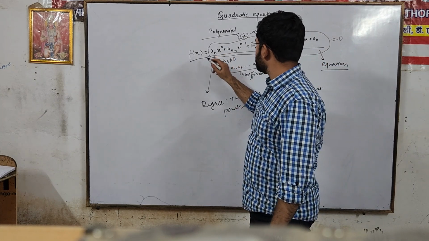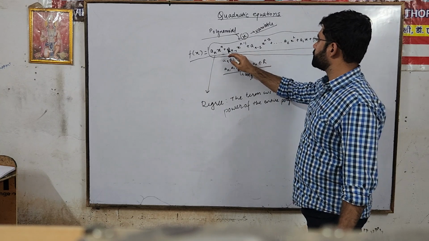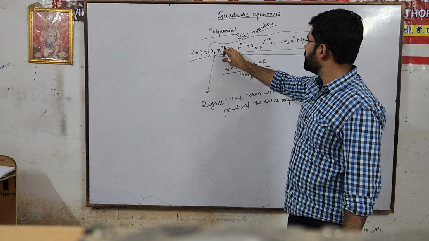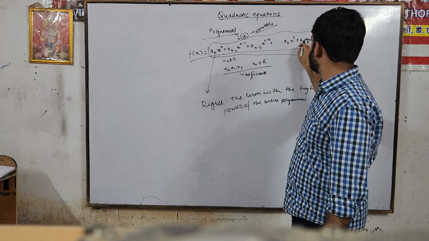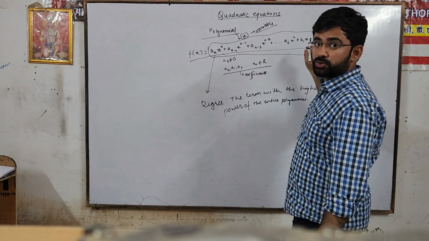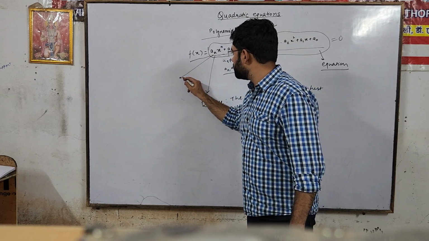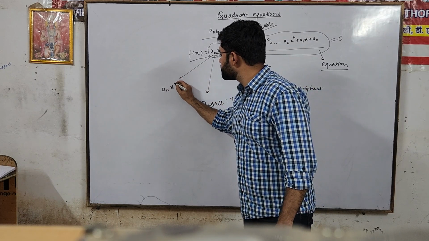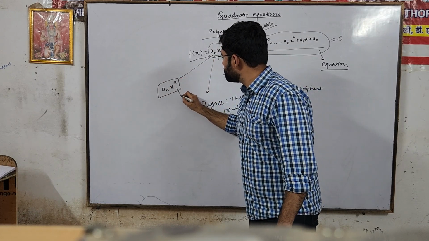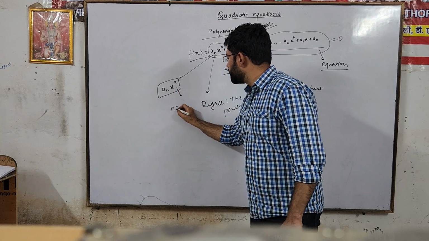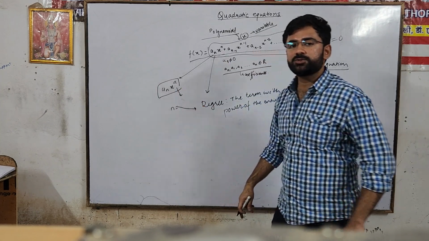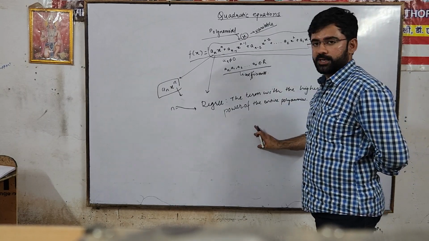In this case we have the powers of x as n minus 1, n minus 2, x squared, x raised to the power 1 and x raised to the power 0. In this entire expression we have this term a_n x raised to the power n. This term is your degree term, and n, which is the highest power, is the degree of the polynomial.